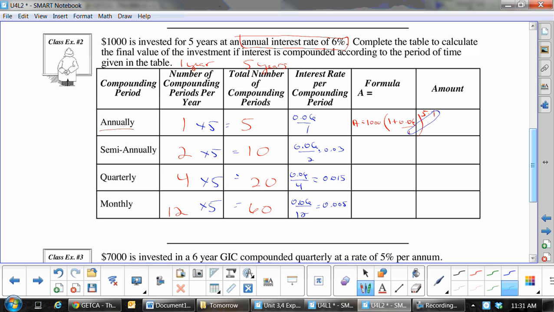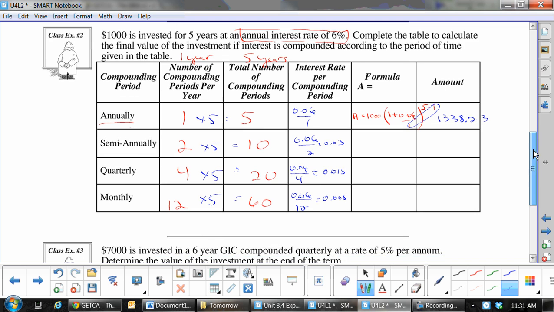Okay? And you get 1,338 and 23 cents. Okay? So all we have to do is stay consistent with those two loops all the time.